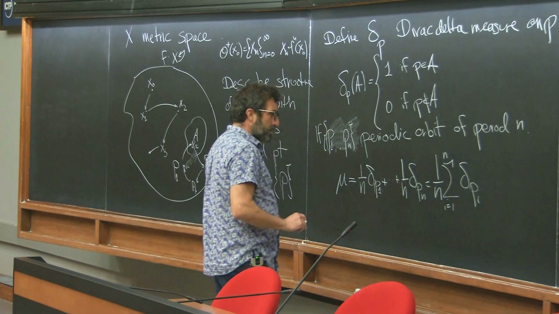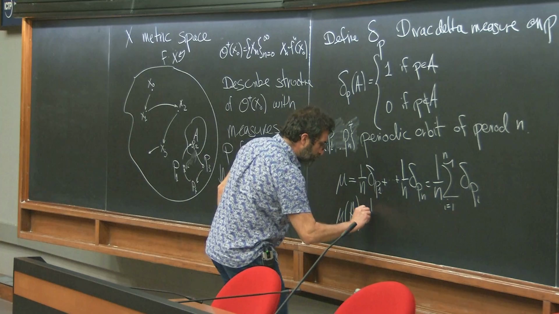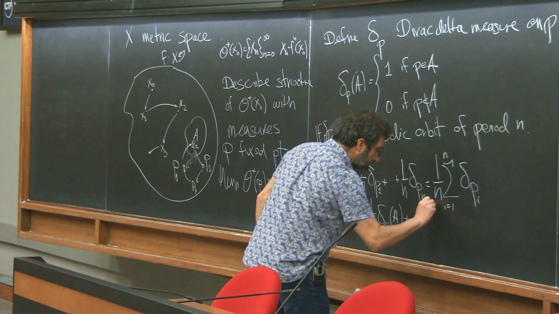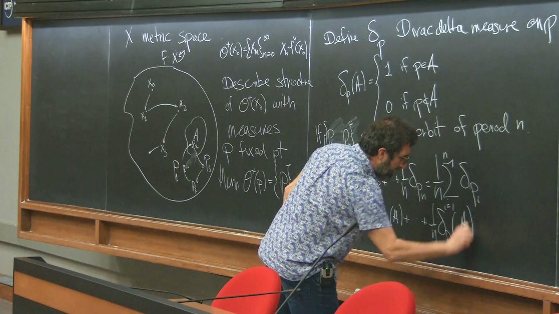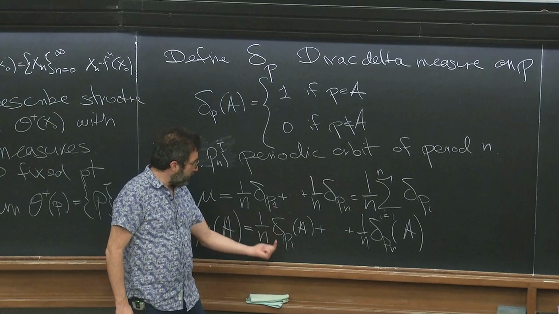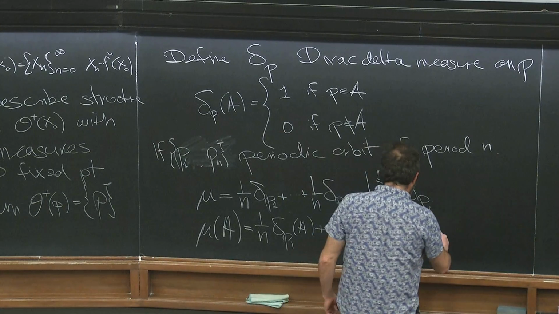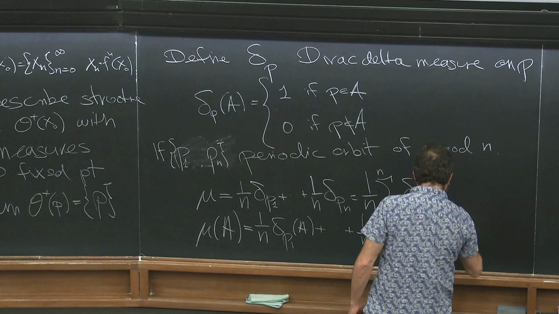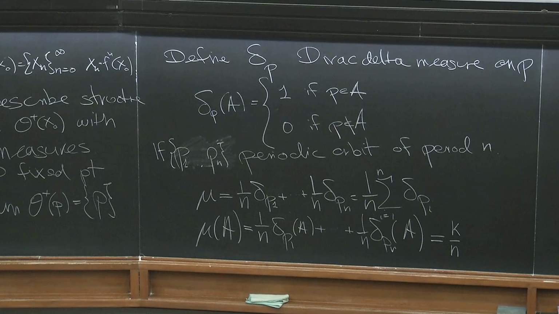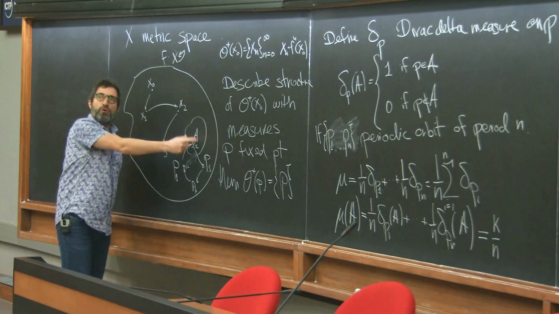So the measure of a set A is exactly the sum of this: 1 over n delta P1 of A plus and so on up to 1 over n delta Pn of A. In each case, this value is either 0 or 1, depending on whether Pi belongs to A or not. So this will be exactly equal to some number, let's say k over n, where k is exactly the number of points that belong to the set A. In this case, there's just 1 point, so the measure of A according to this measure will be 1 over 4.